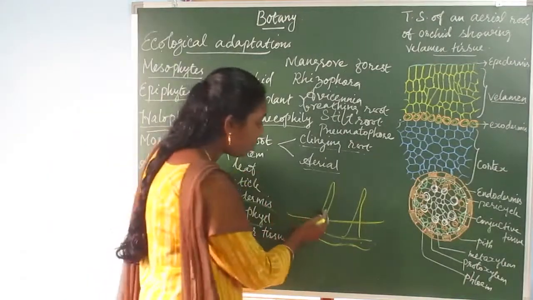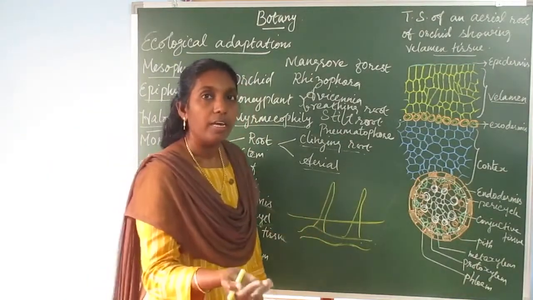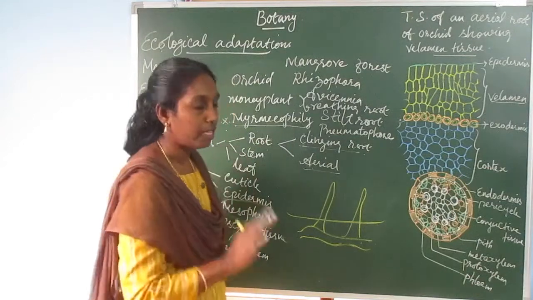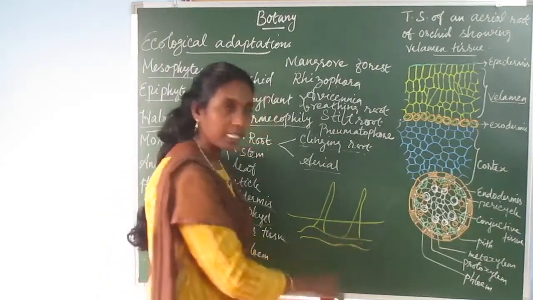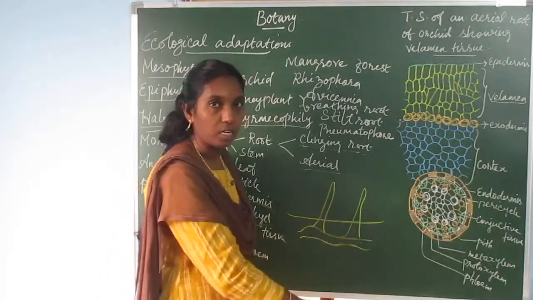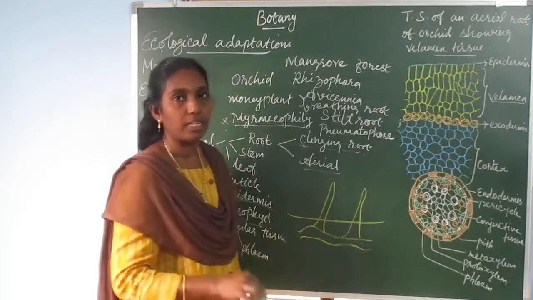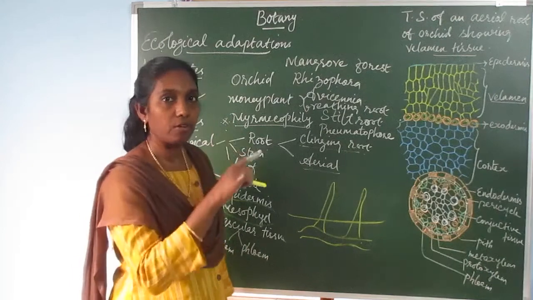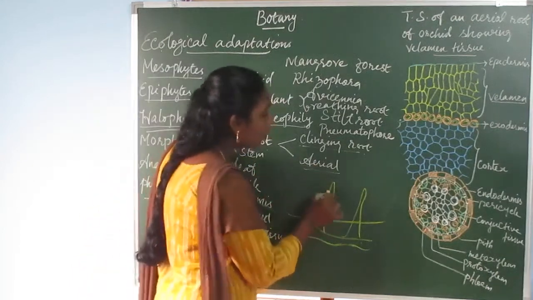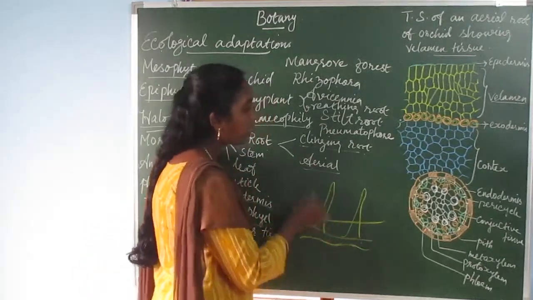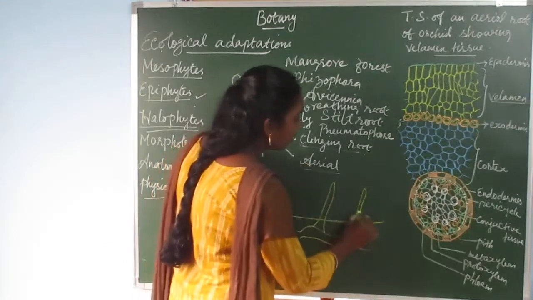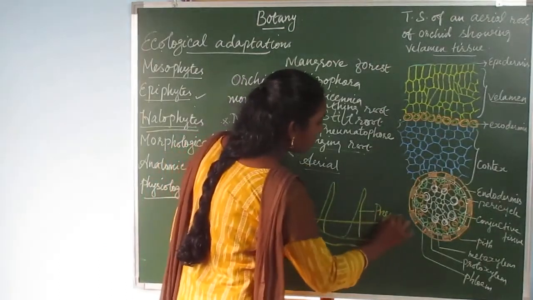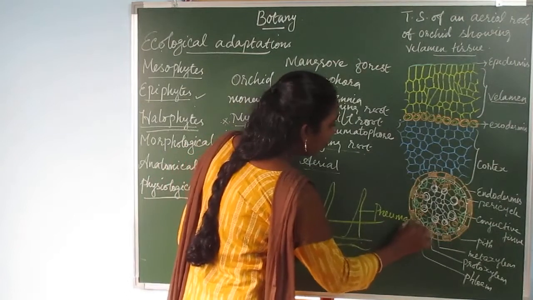There are some roots which grow negatively geotropic, while the normal root grows positively geotropic, towards the soil. The nature of the normal root is positively geotropic, negatively phototropic. But these special types of roots are called pneumatophores.